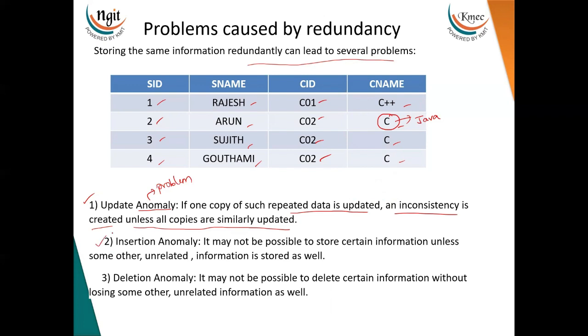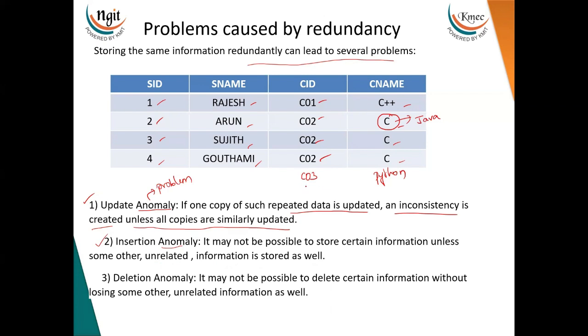Now let us see what is insertion anomaly. It may not be possible to store certain information unless some other unrelated information is stored as well. So what kind of problems do you face when you are trying to insert a record into the table? Suppose that I would like to introduce a new course, say Python, to our students. Now what will be the course ID for it? Let it be C03.